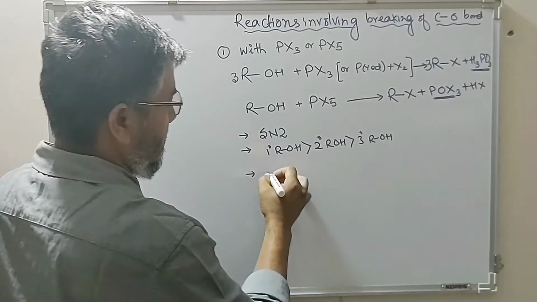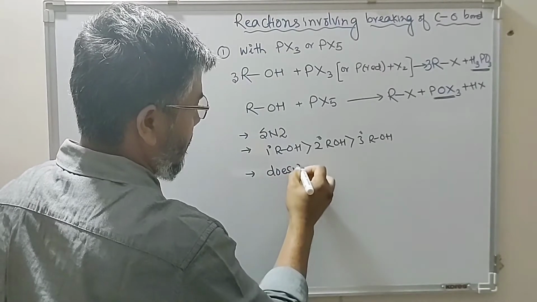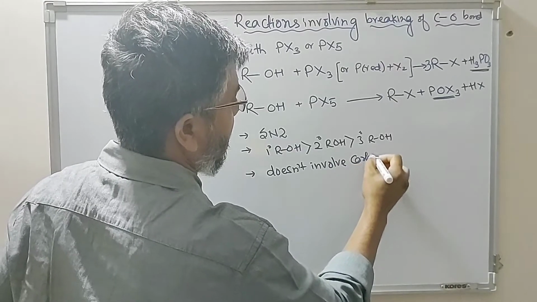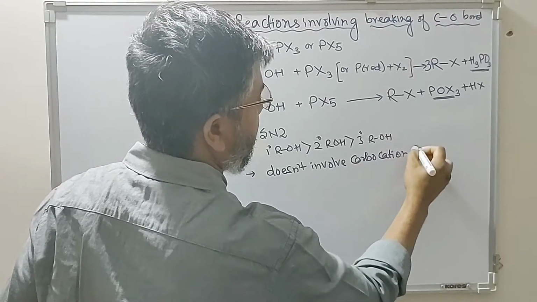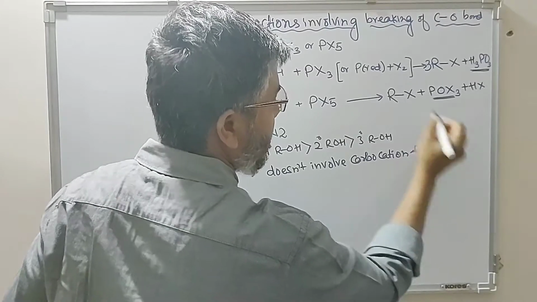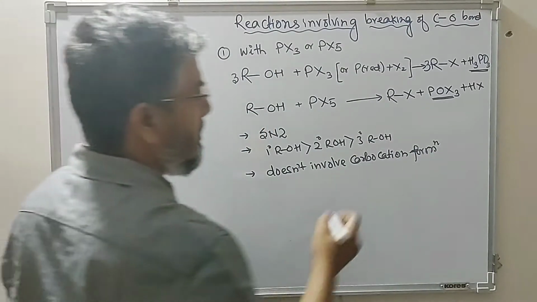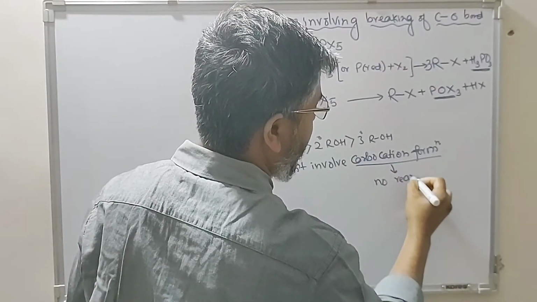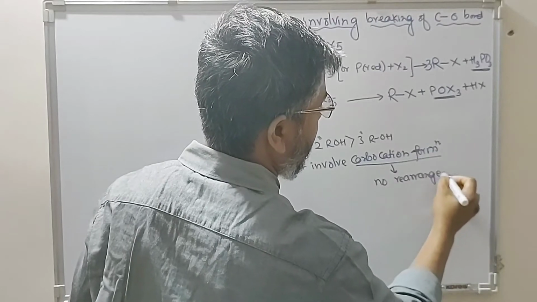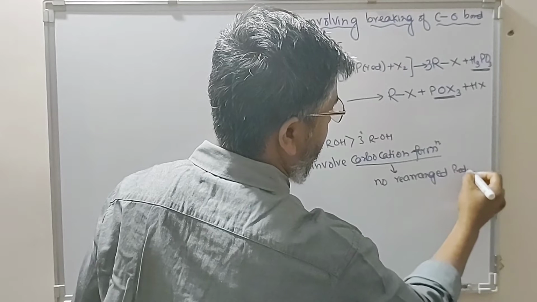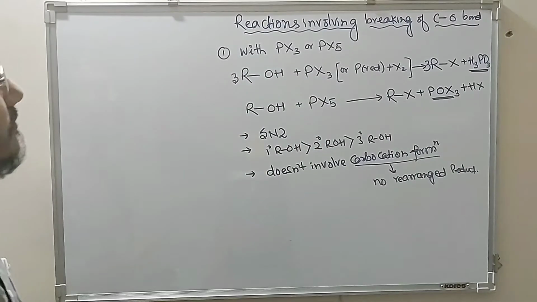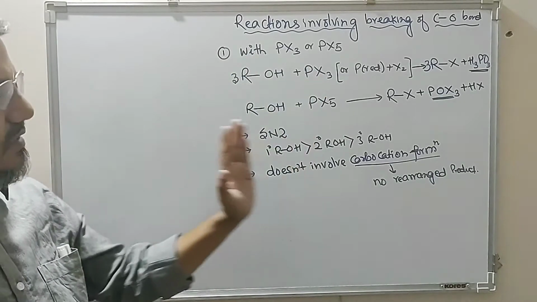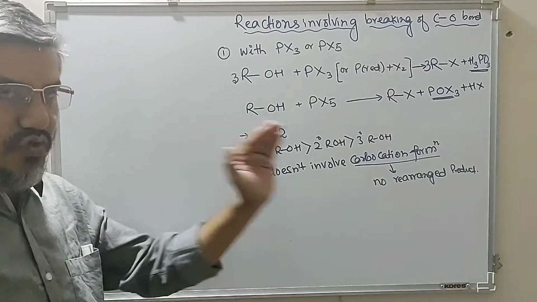This reaction does not involve carbocation formation. Since the reaction does not involve carbocation formation, no rearranged product is formed. So the alcohol reaction with phosphorus halide occurs by SN2, that is via a transition state.